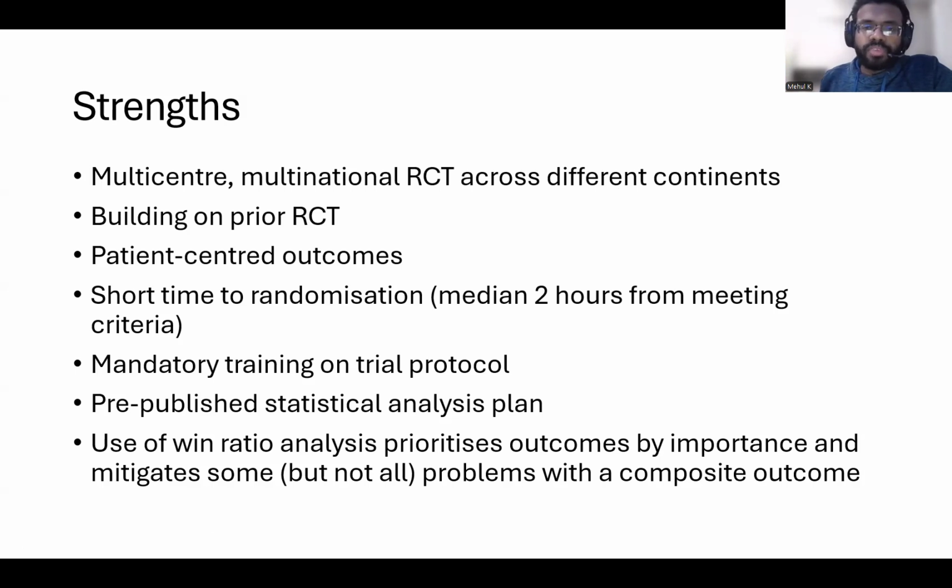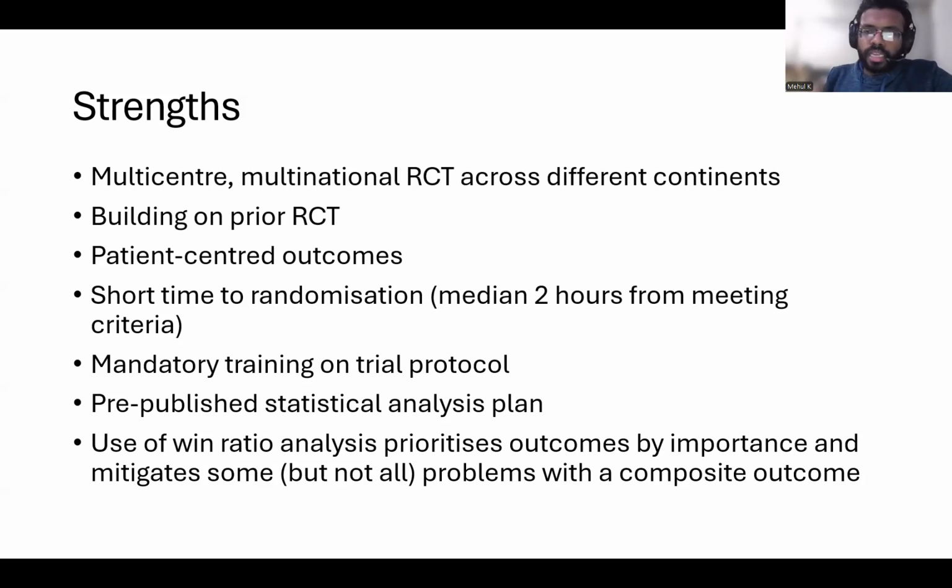The randomization was fast, so within two hours of meeting the criteria, the patients were started in the treatment and control groups. Proper training appeared to be given to the participants. The statistical analysis plan, even though a little bit complex, was defined even before the start of the study, which is what you're looking for.